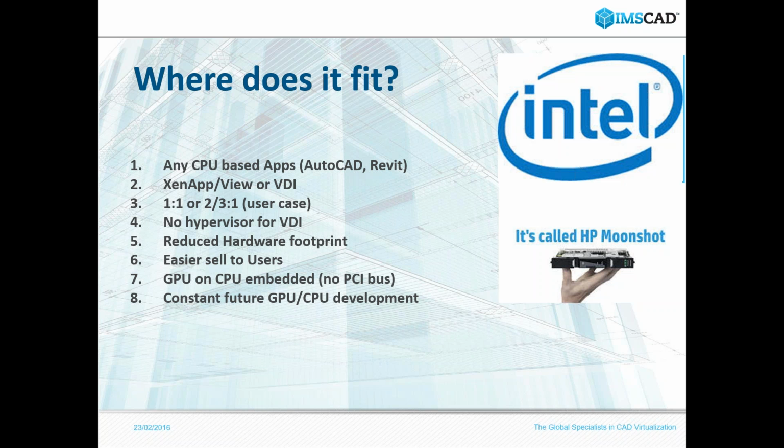So obviously you don't need a hypervisor, of course. So you get a performance jump there because of that. And of course you can just have Zen Desktop, Horizon View, whatever you want to use, delivering that desktop out to the user from the data center. Of course, you're going to reduce your hardware footprint, massively.